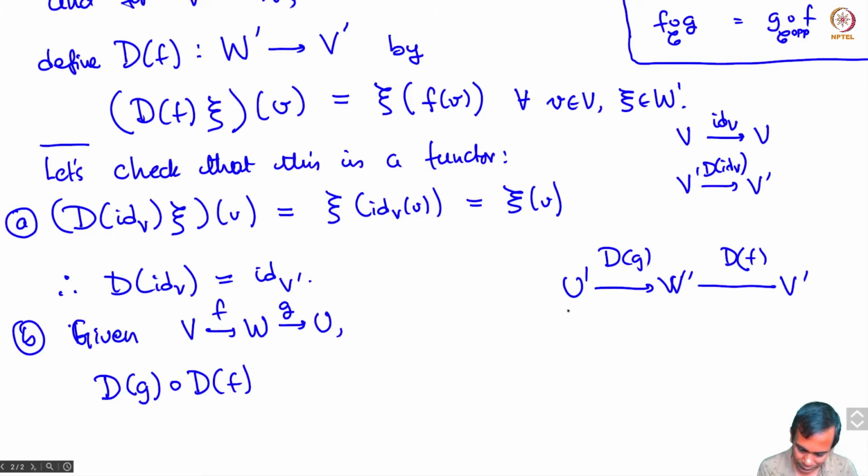So let's look at D F circle D G, but this is the composition in the category Vec op, right? And by definition of the opposite category, it is D G circle D F, the composition in Vec.